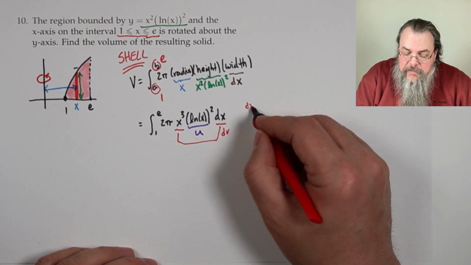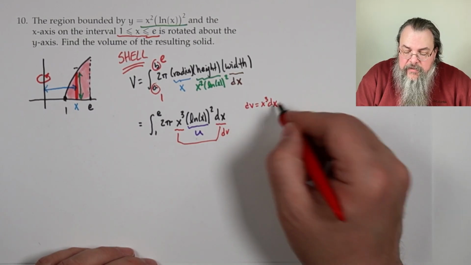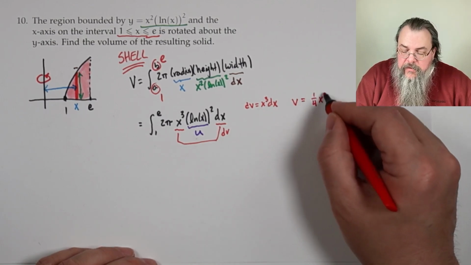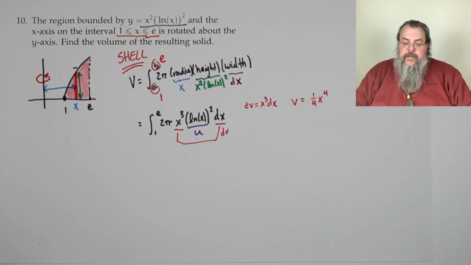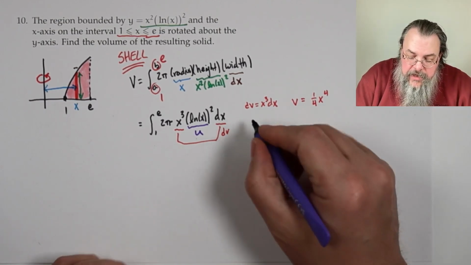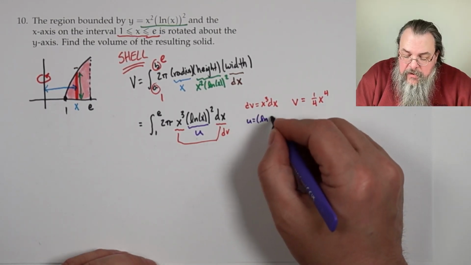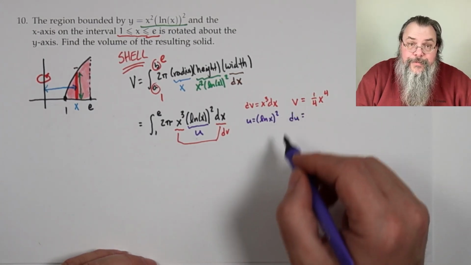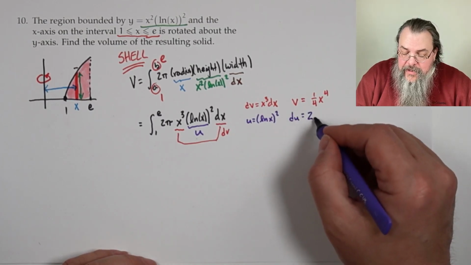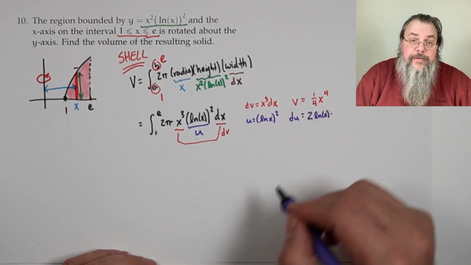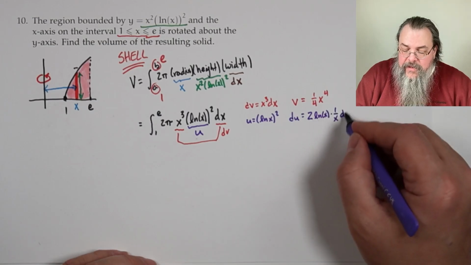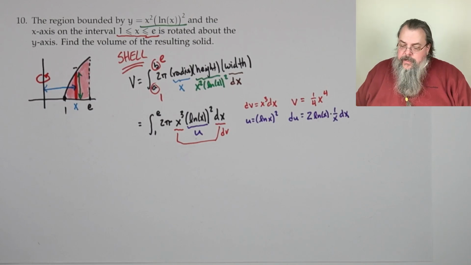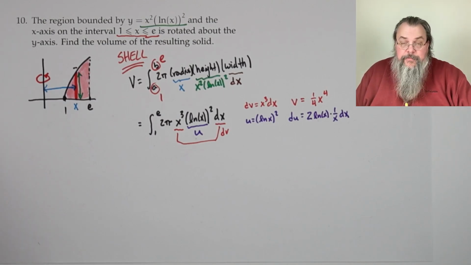So dv is x cubed dx, which means that if I want v, I integrate: 1/4 x to the 4th. And on the other hand, u is the natural log of x quantity squared. So du, we've got to do chain rule. 2 comes down times the natural log of x times the derivative of natural log of x, which is 1/x dx.